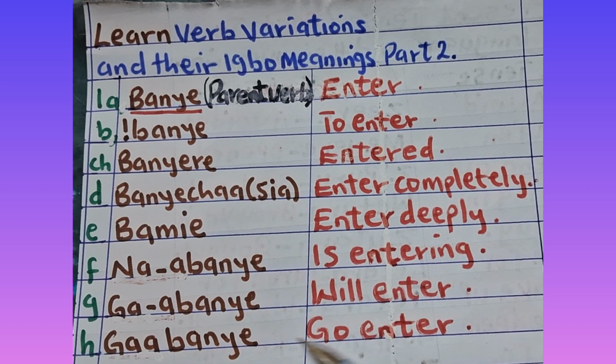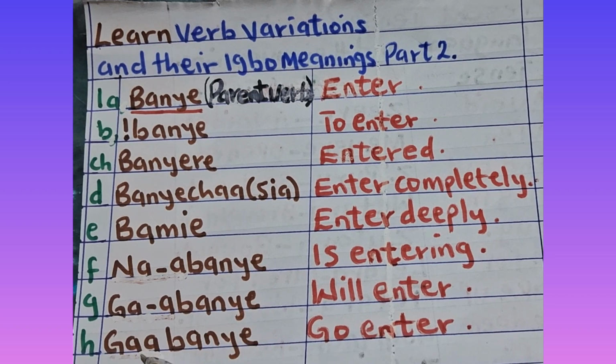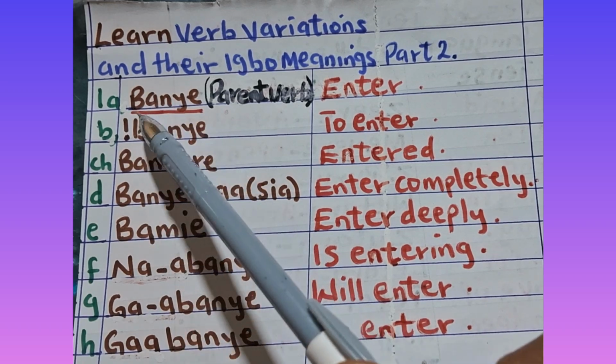Ga banye, go enter. So we use this ga to give instruction or to give command, as a verb. So this ga is our prefix before banye. So ga banye, we use this ga to change this banye.